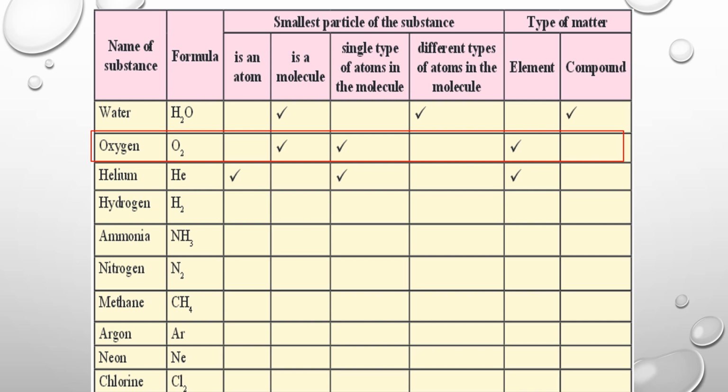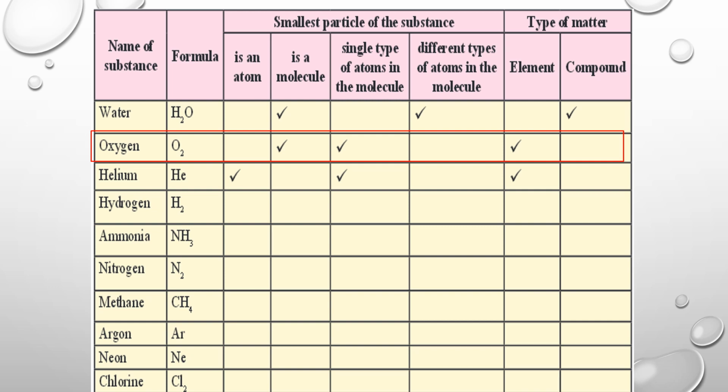Here, even though there is only one capital letter, there is a number in the formula. 2 is there, and that is why, because a number is there in the formula, this becomes a molecule. So we have ticked in the column of molecule. Okay. Now coming to the next two, single type of atom or different type of atom. Here we are going to look at capital letters. Is there any other capital letter other than O?